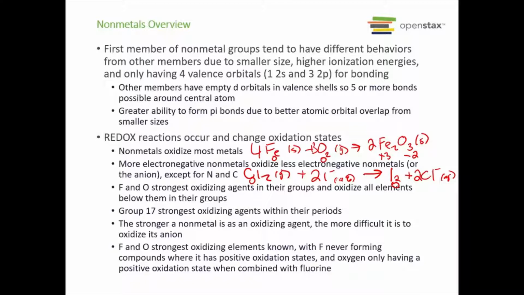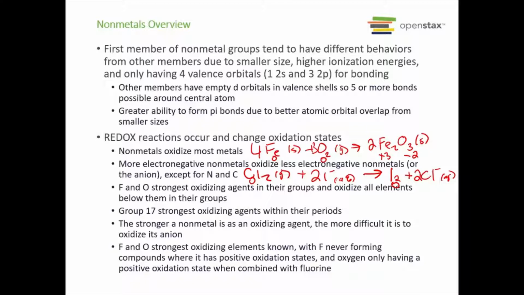So as you're going across, period 2, for instance, your group 17 atom is going to be the strongest oxidizing agent in that period. And the stronger that a nonmetal is as an oxidizing agent, the more difficult it becomes to oxidize its anion. And then fluorine and oxygen are the strongest oxidizing elements known.